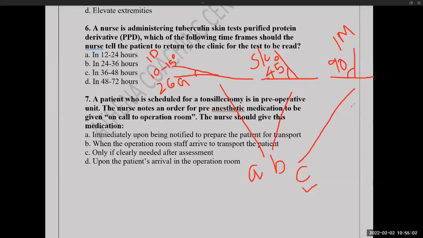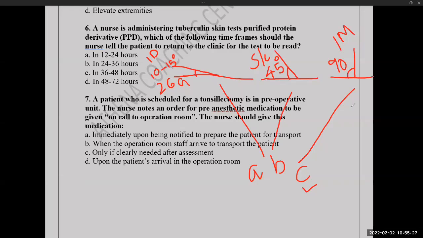Rubella. Subcutaneous. Okay. Then Schick test. A. Schick test is to identify diphtheria. Diphtheria antitoxin is given intradermally.